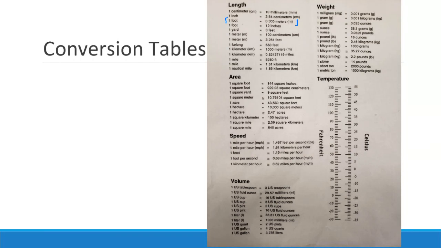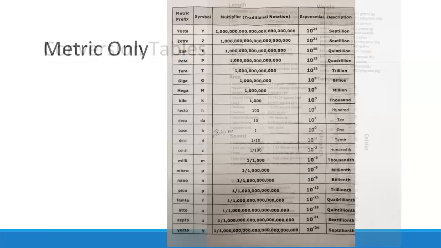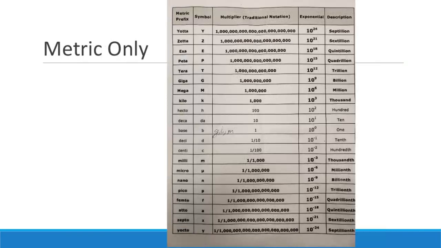Next is just going to be a visualization of the metric scale, and you can see the simplicity of it, but you can also see how big and how small numbers can get quite quickly. That's what I want to show you here. So here in the highlighted region is my King Henry died by drinking chocolate milk, right?